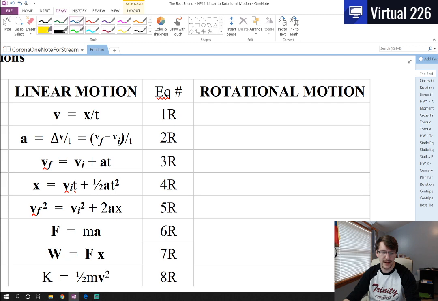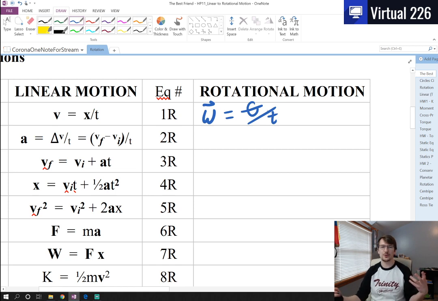Well, for us now, this is an angular velocity, and it's equal to an angular displacement divided by a time. So it's the same equation, we're just putting in the angular quantities instead of the original ones. And we're going to do this for every single one going through. I'll put them in different colors so that they're easy to see.